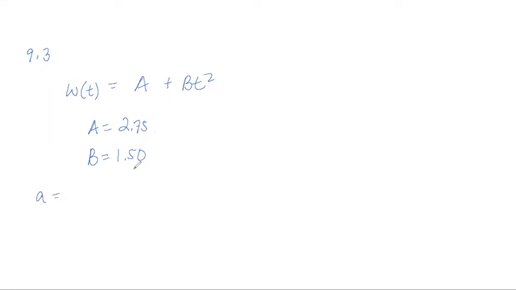So A is going to be radians per second squared, and B is going to be radians per second to the fourth.